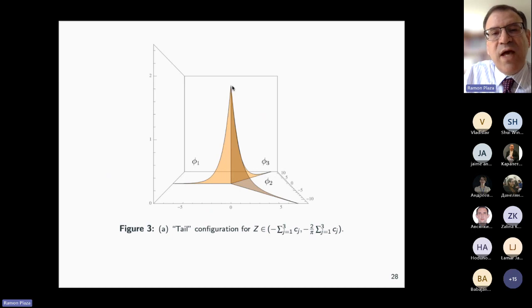They coincide at the vertex and they go down on each side. We put this shaded graph in order to tell you that the energy is finite. Actually, these solutions belong to the energy space under consideration. So this is the first case, a configuration of tail type. We call it tail.